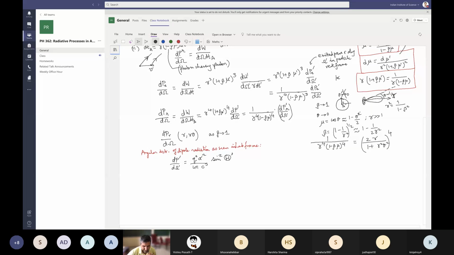This is just the formula that we derived in class for a particle with small velocity radiating when its acceleration is a prime. So this is the expression in the particle rest frame.